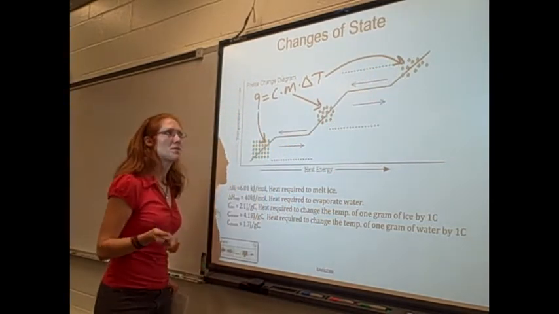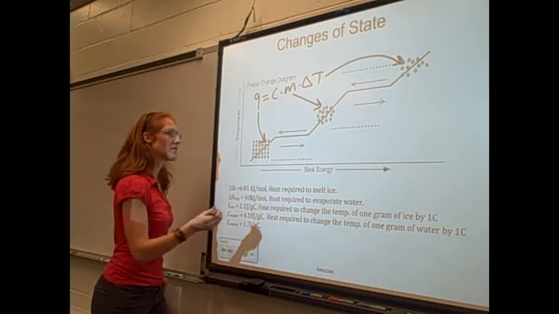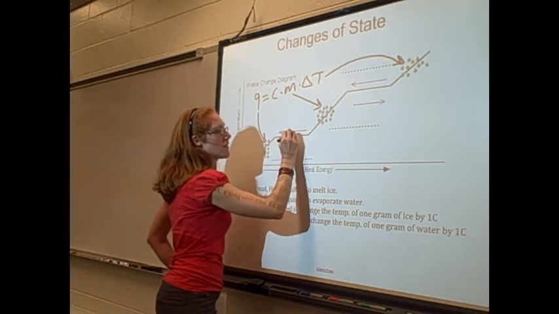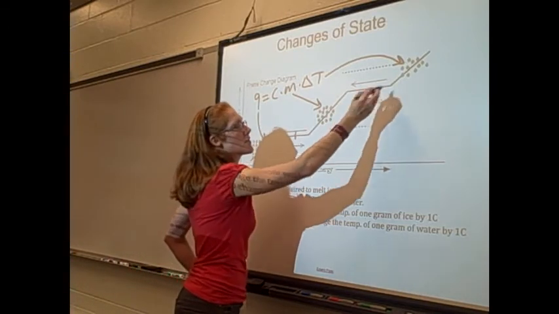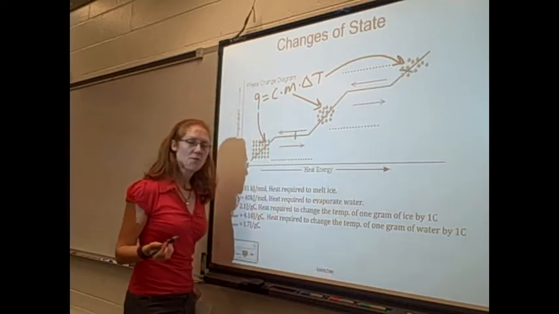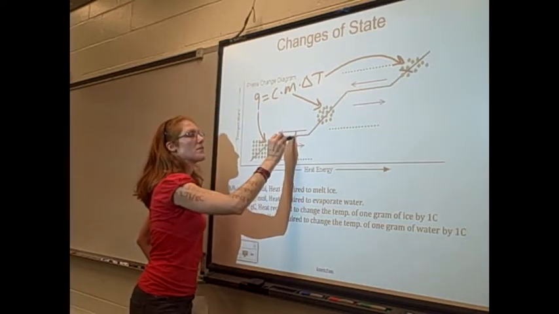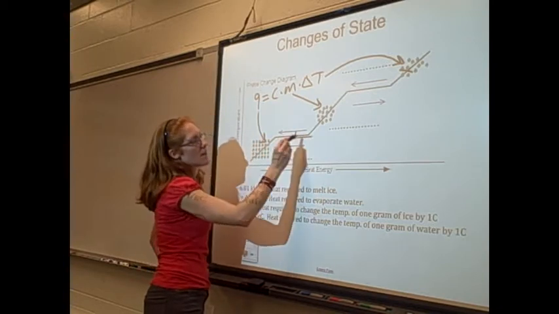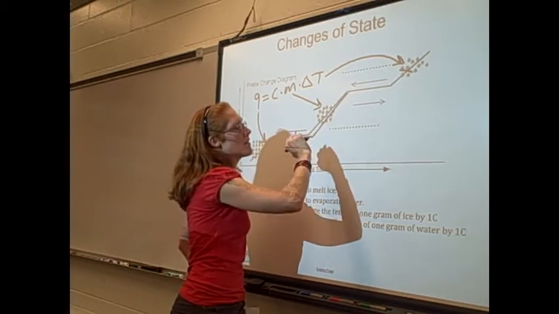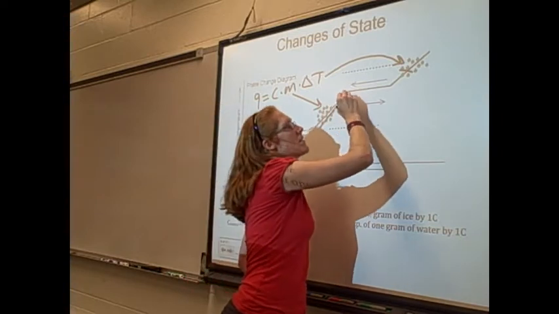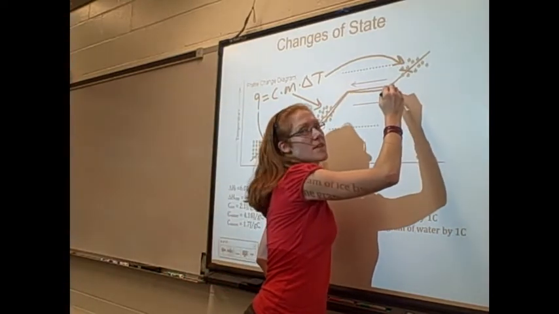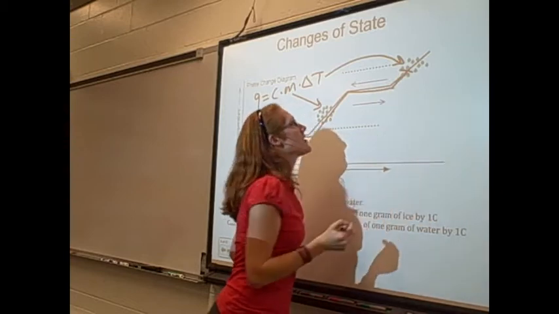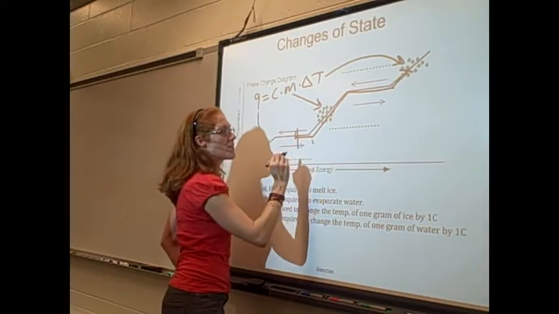So really what you do in these problems is you look at where you're starting. Let's say I'm going to start here, and I'm going to finish here. And then you ask yourself what has to happen. Well, I have to melt this ice, and then I have to heat this liquid, and then I'm going to vaporize this liquid until it's a gas, and then I'm going to heat this gas. So you actually have to calculate each step.